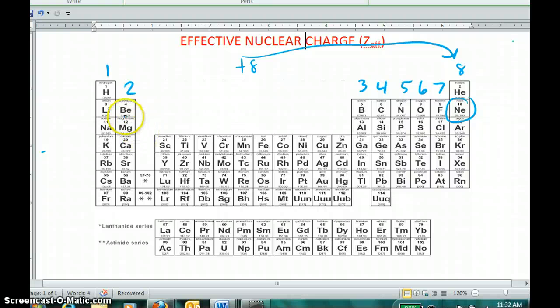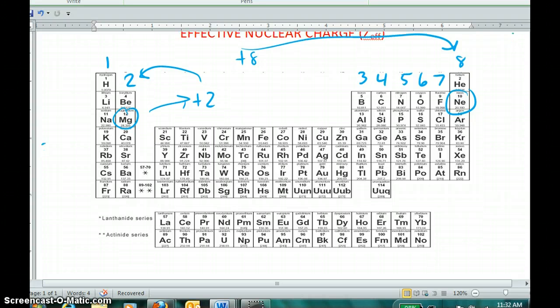If I were to pick, say, magnesium, I could automatically assume the effect the nucleus has on the valence electrons is plus 2 because it's in main group 2. And now I can actually demonstrate why. The configuration would be 1s2, 2s2, 2p6, and 3s2 for magnesium.